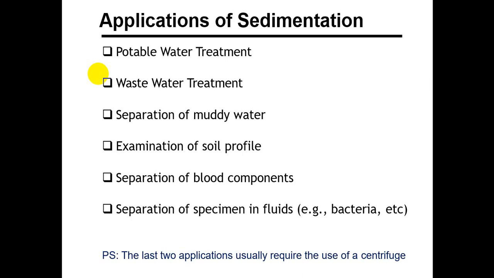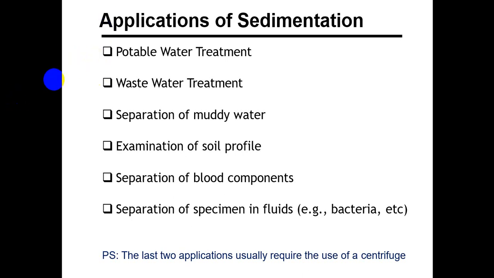Then examination of soil profile. Agriculturists and others do soil profiling to know the type of soil that is good for planting which specific crop for the season. So they need to profile the soil, and they use sedimentation techniques.